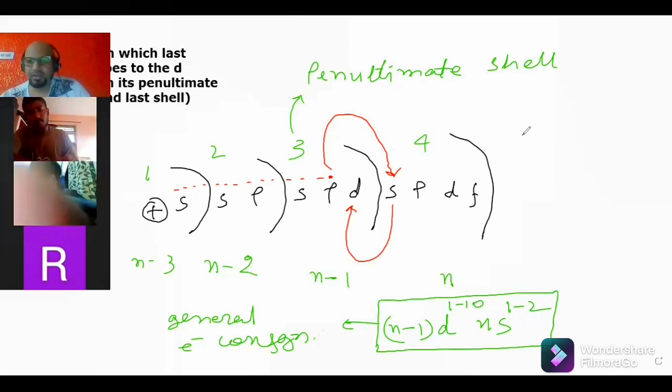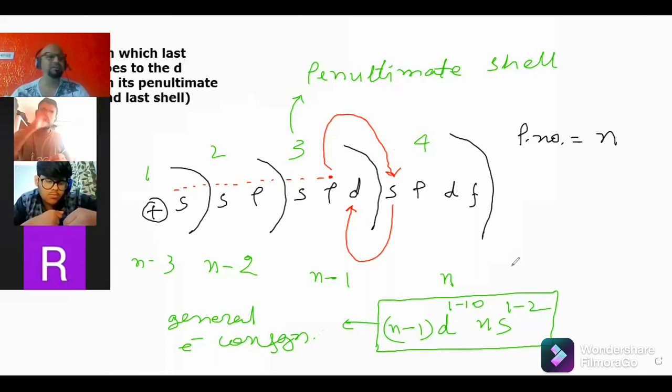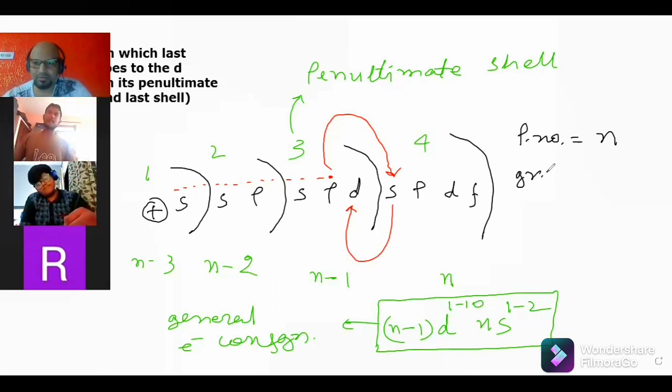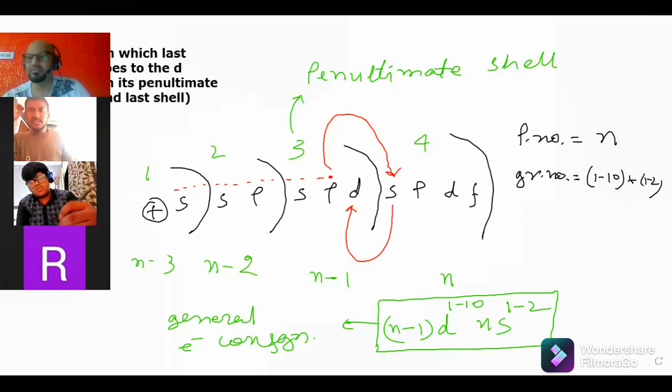Very simple. Period number is equal to n. Every time the period number is the last shell, and the group number is (1 to 10) plus 1 to 2. Is it visible to everybody? Yes, sir.